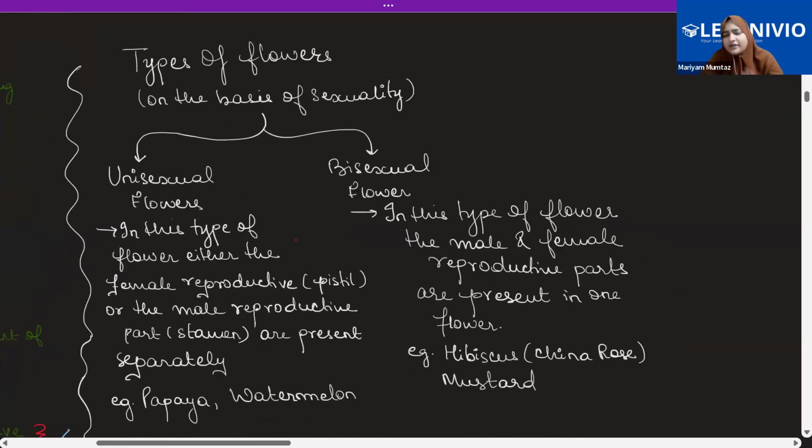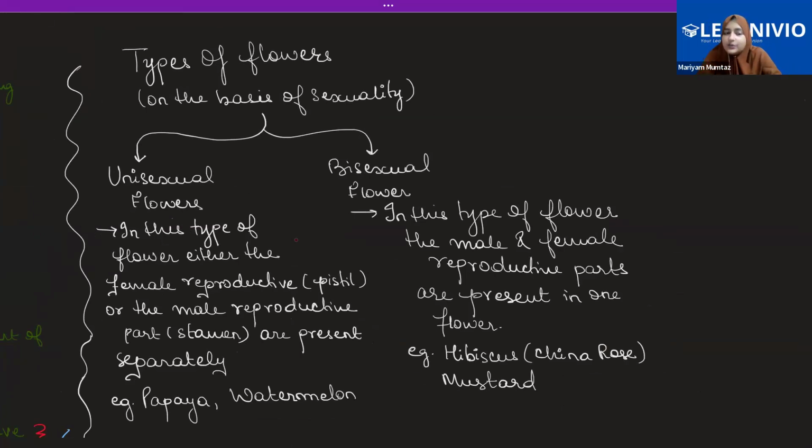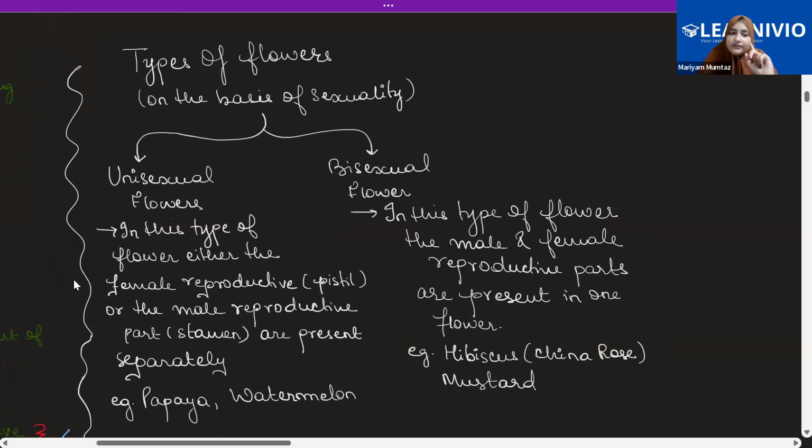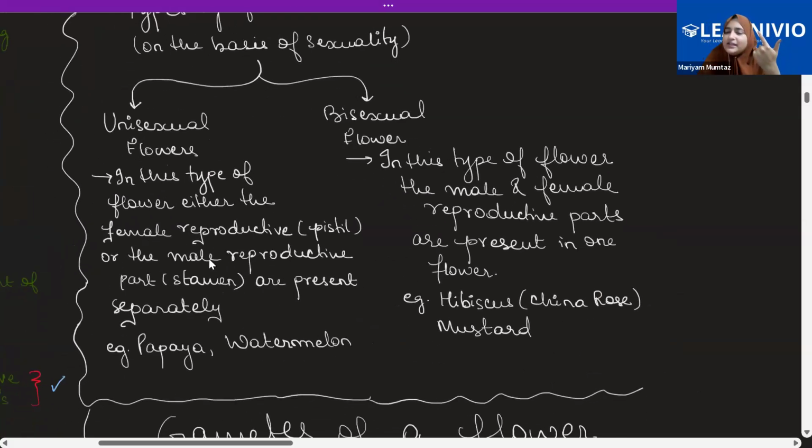In general, everyone knows that on the basis of sexuality, there are two types of flowers, right? There are unisexual flowers, in which one flower will have either only the male reproductive part, meaning only the stamen, or only the pistil, never both. This kind of flower is called unisexual. Uni means one.